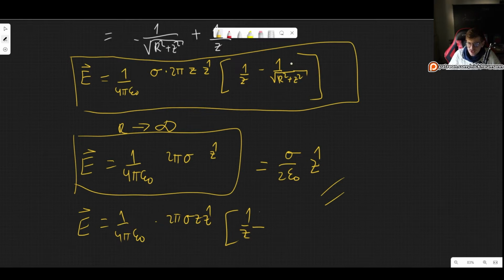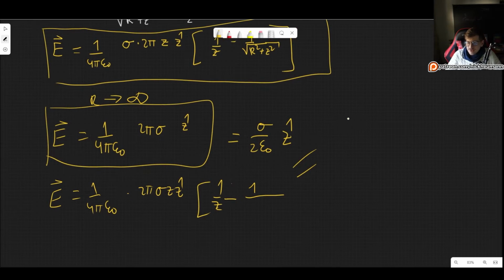Now, for this term, we will have to approximate a little bit. So to approximate, what we will do is factor out z squared, so we get z here, and we get 1 plus r squared over z squared.